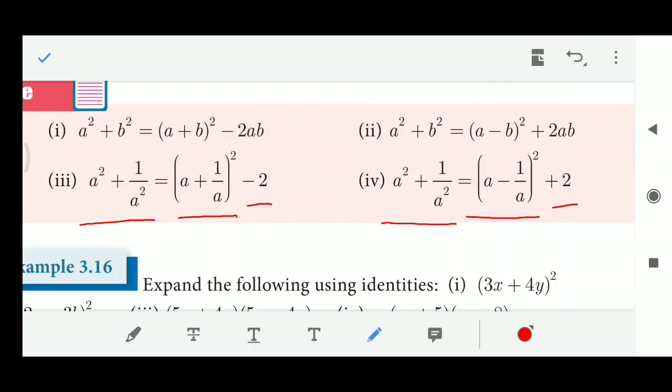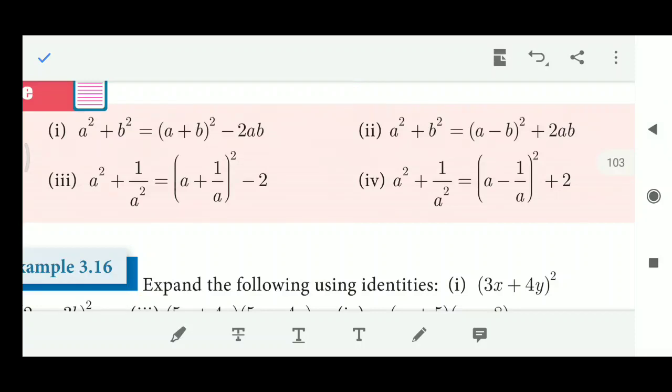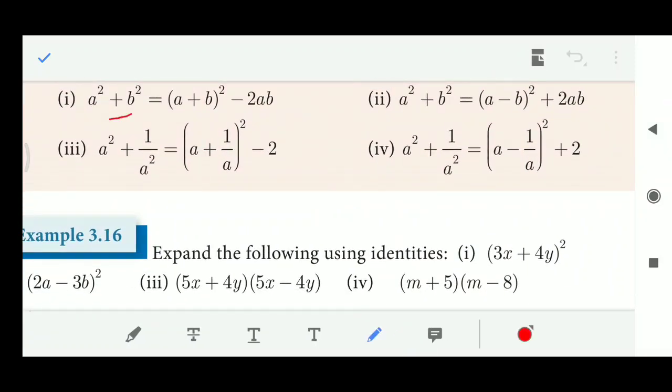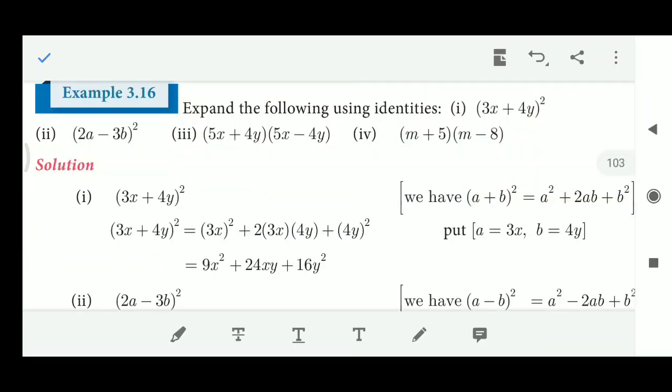Here also the left hand side is the same, a² + 1/a². When it comes to the right hand side, in the first one the first term is plus and the other has minus. In the second one, the first term is minus and the second is plus. Based on these four identities, we will do some examples.